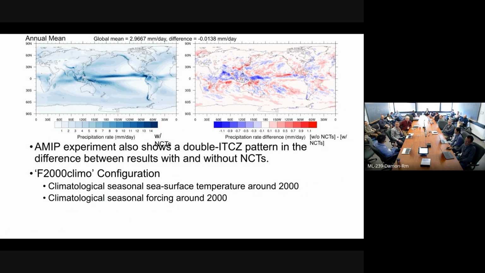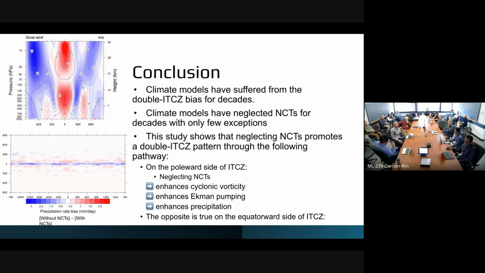This is a difference due to introducing the non-traditional Coriolis or not. Again, omitting the non-traditional Coriolis increases the precipitation in the off-equatorial tropical area, like these red colors, and reduces precipitation at the equator.